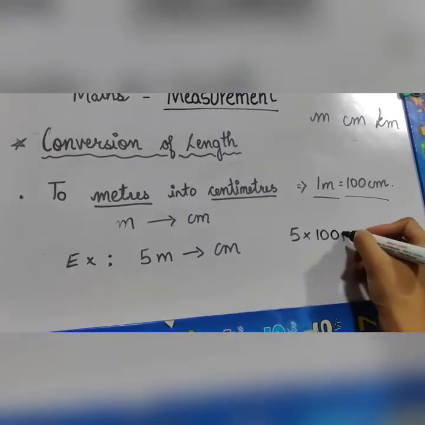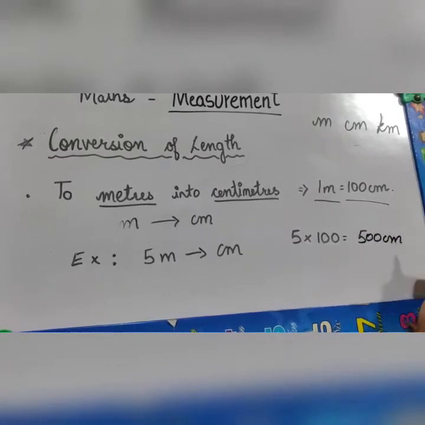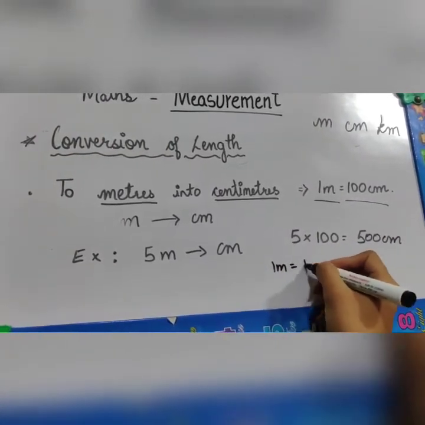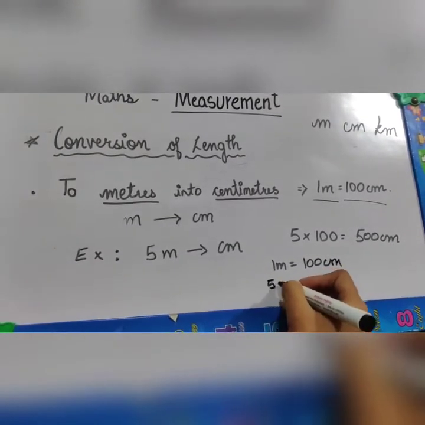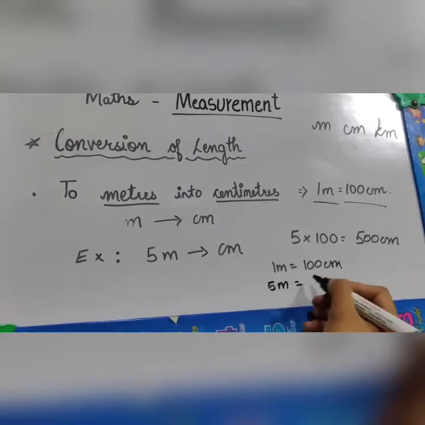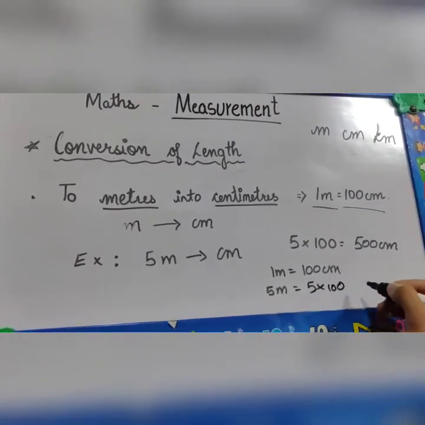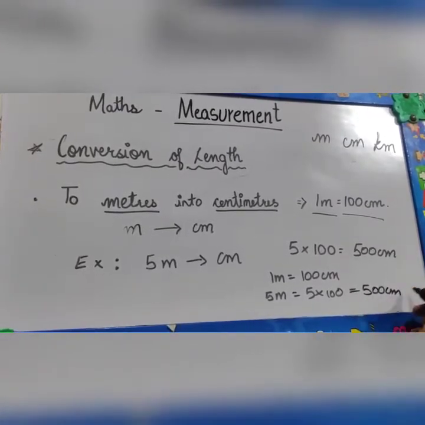So it will become 500 centimeter. Why did we do this? Because 1 meter is equal to 100 centimeter and we have to calculate for 5 meters. So we multiplied 5 by 100.